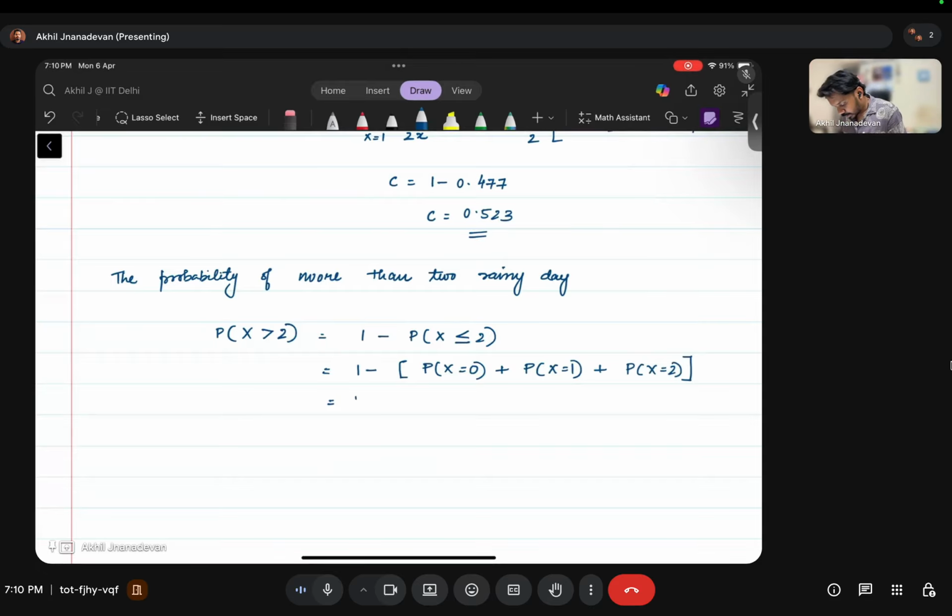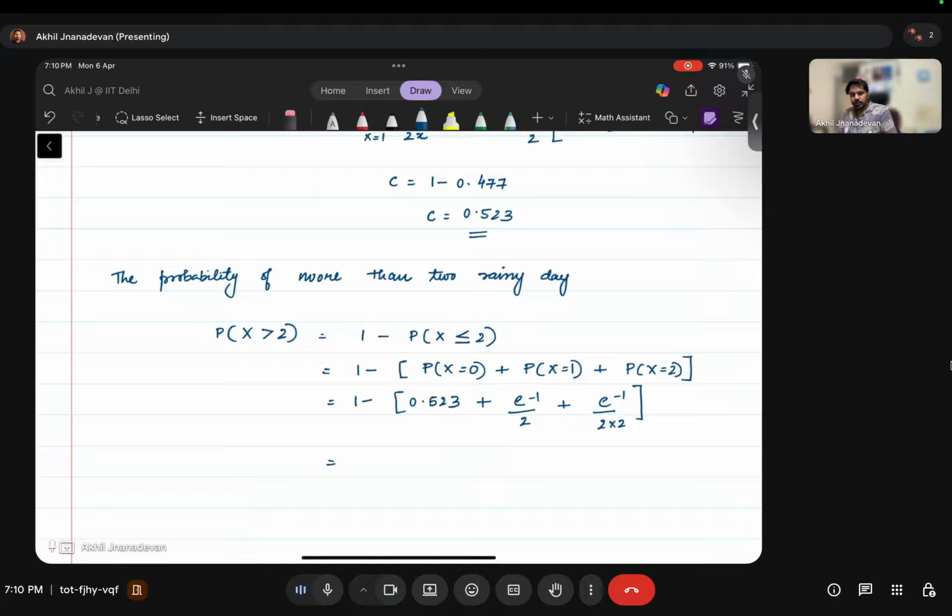Right. So now it is just substitution. 1 minus P of X equal to 0 is C that we just found out, 5 by 2 e raised to minus 3, plus P of 1 is e raised to minus 1 by 2 and P of 2 is e raised to minus 1 by 2 into 2.